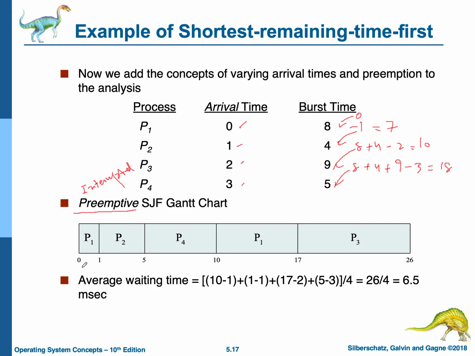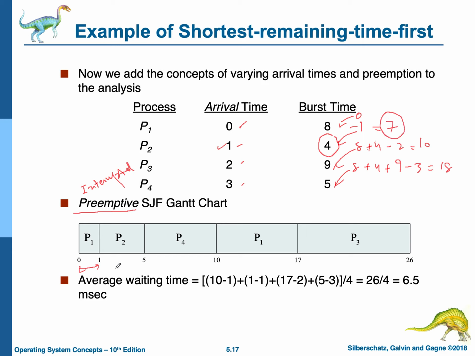It worked for 1 unit of time, then P2 arrived. The arrival time of P2 is 1. When P2 arrived, the length of its job was only 4, while the remaining length of P1 was still 7.